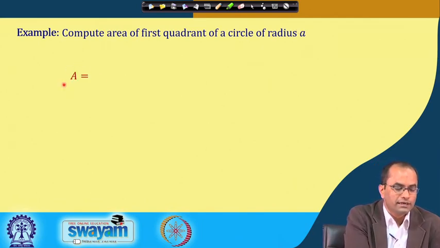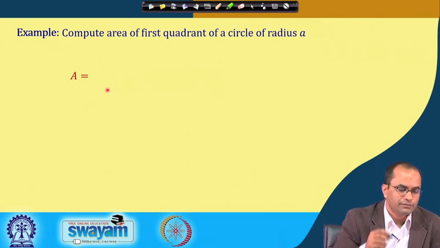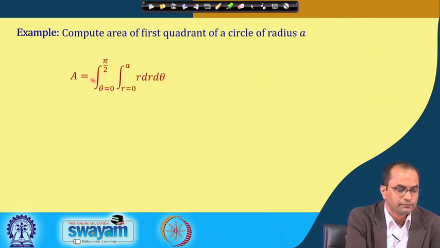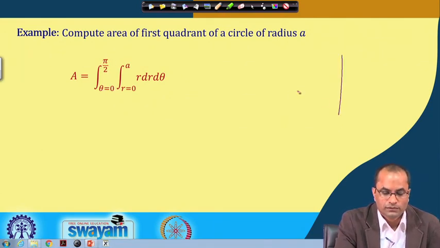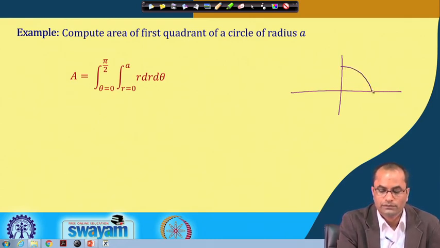Here the area will be given by theta from 0 to pi by 2, because it is the first quadrant. So, here this is the circle and the radius is a.